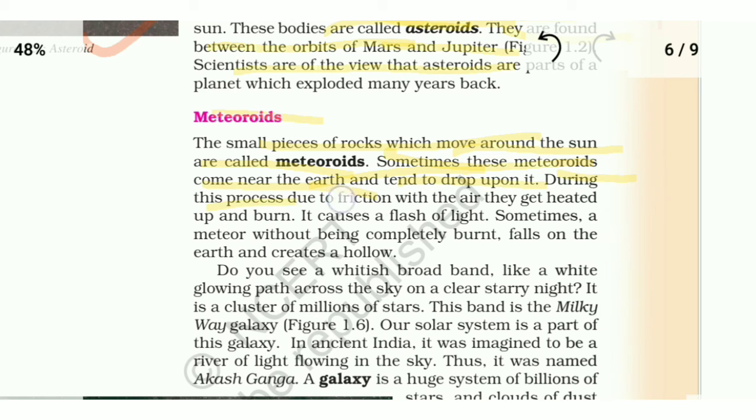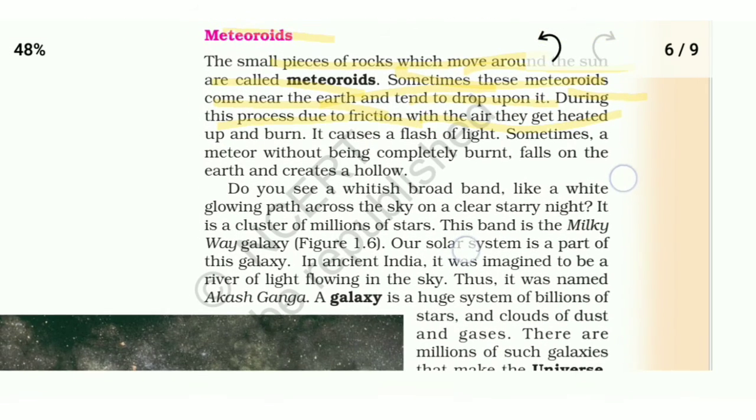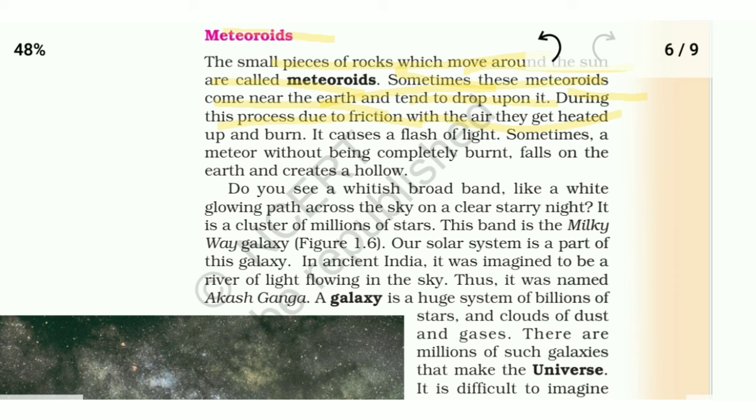During this process, due to friction, they get heated and burn out, and after burning there is a flash of light from them. And sometimes these meteoroids, without being completely burnt, fall on the earth and create holes, hollows.